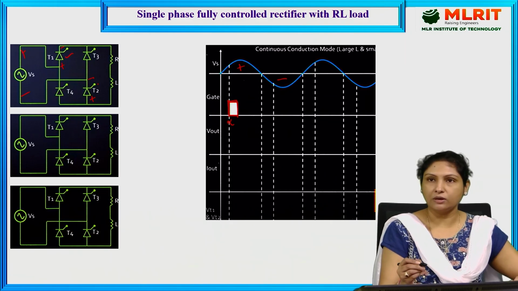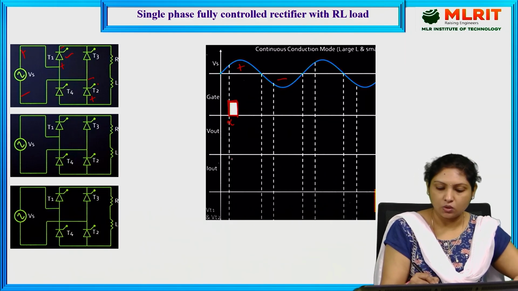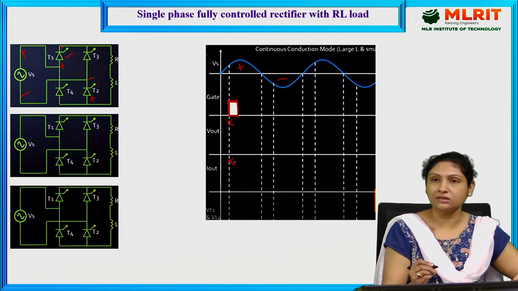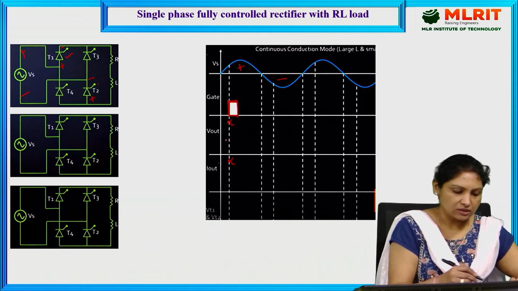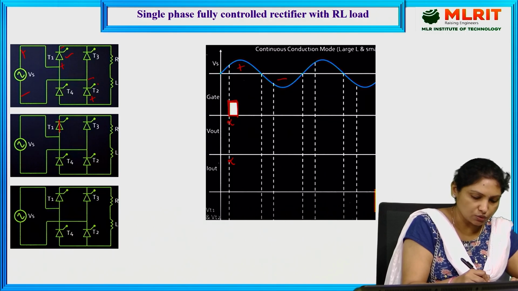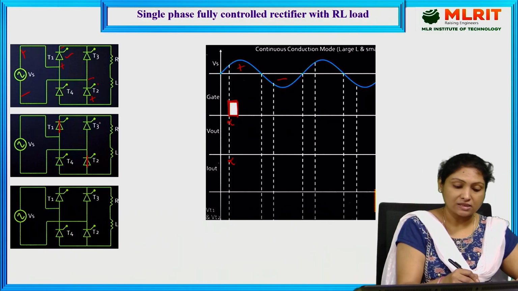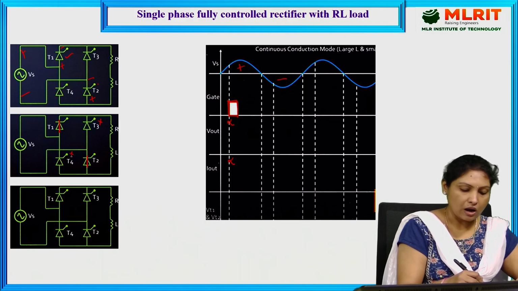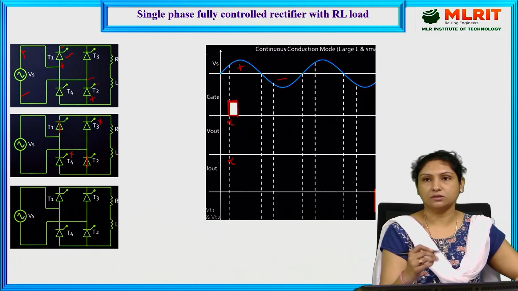So let us see the output voltage waveforms at this instant called alpha, since we are providing the triggering pulse for thyristors 1 as well as 2. T1 gets short circuited as well as T2 gets short circuited, whereas T3 and T4 are reverse biased. They act as off switches, or we can also call them open circuited.